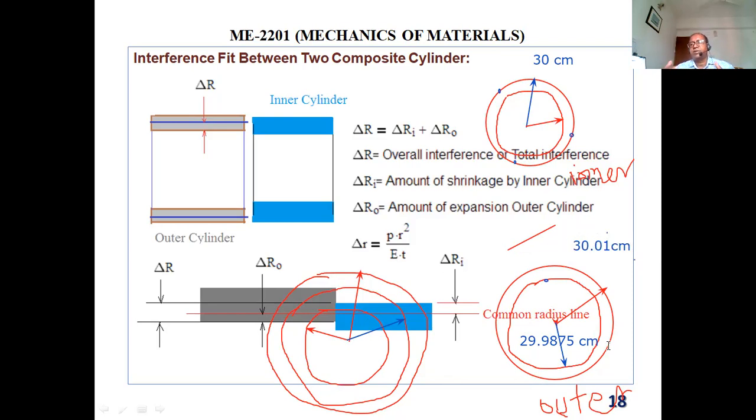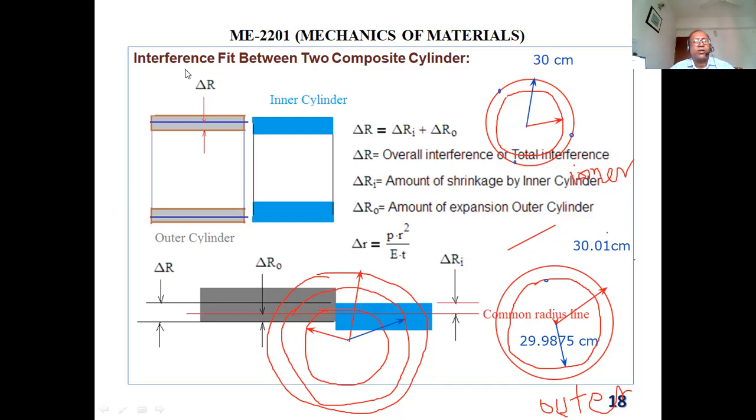Then you can put it inside easily, keep it at room temperature and let it cool down for say 2 days, or 1 day, or maybe 8 hours, depending on the size of the parts and material, and what the environment is like. Then what will happen after it cools down?